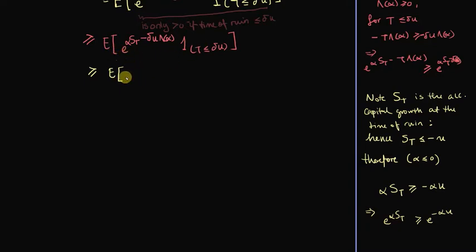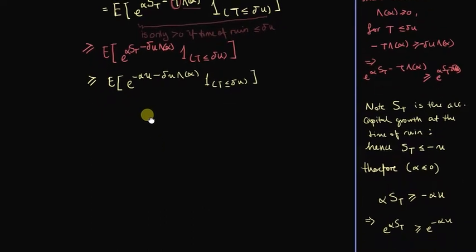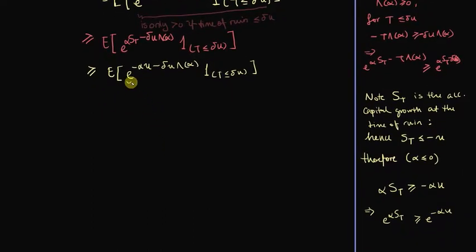So this mean value is greater than the mean value of e to the minus alpha u minus delta u multiplied by the cumulant generating function multiplied by the indicator function of T being smaller than or equal to delta u. Now this is incredibly nice, because this entire term here is now deterministic.